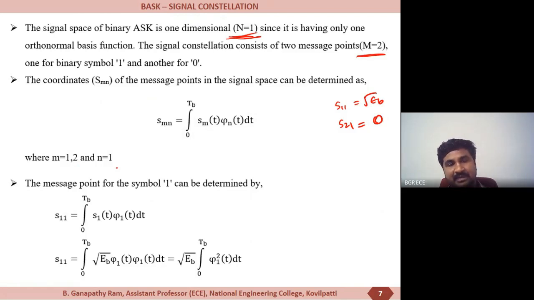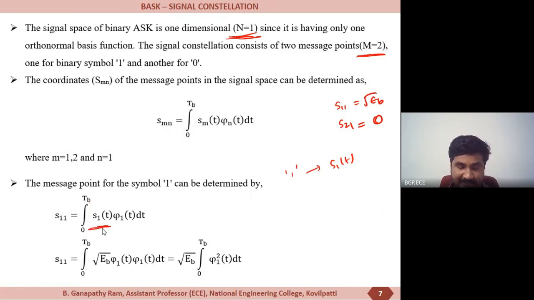Let us assume symbol 1 is transmitted. So for the binary data 1, symbol S1 of t is chosen. Let us start with the integral over TB. S11 can be represented as integral over TB of S1 of t, phi 1 of t dt.